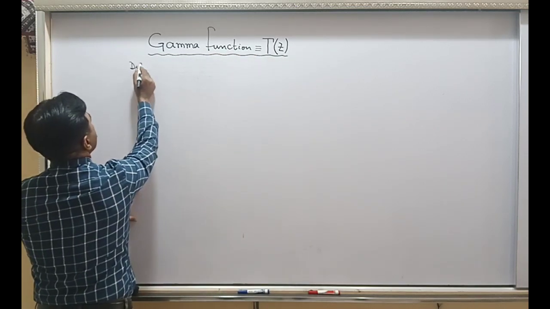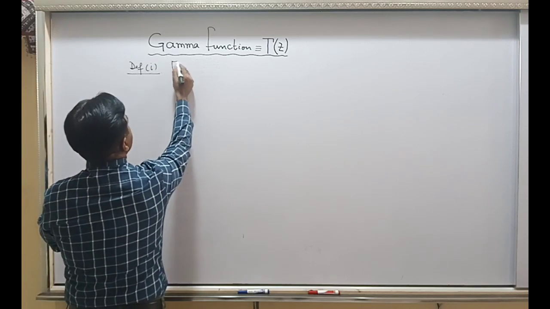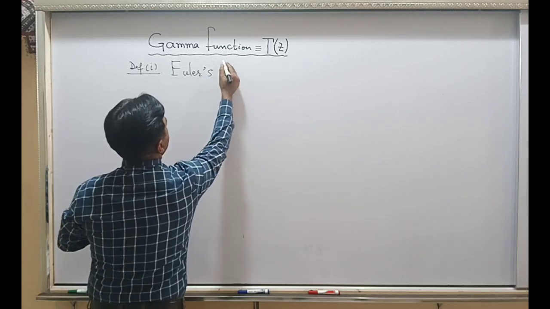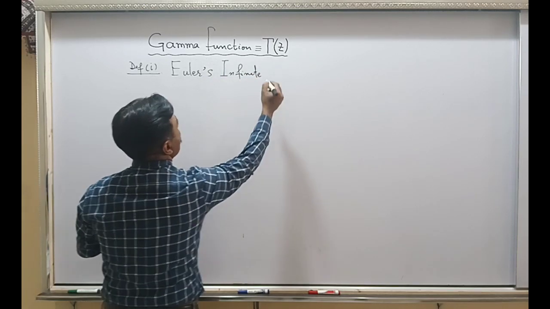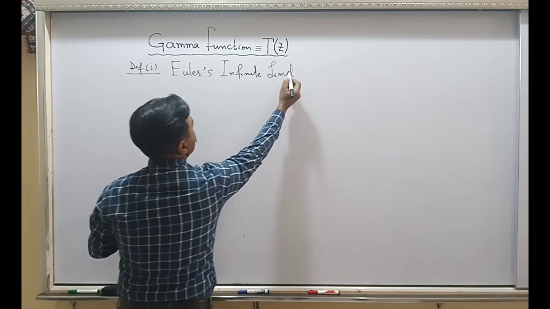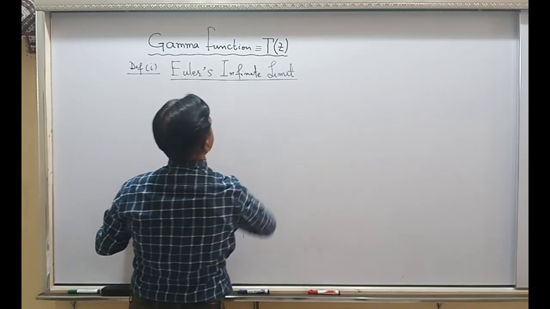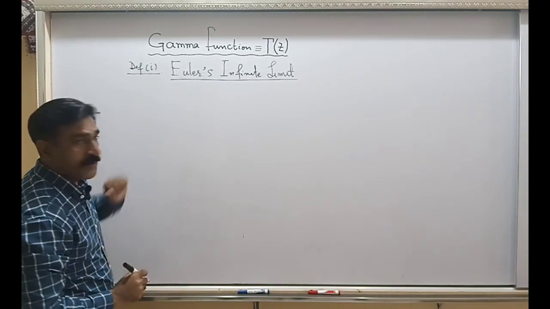Definition number 1. This is Euler's infinite limit. What is this Euler's infinite limit? Here you go.